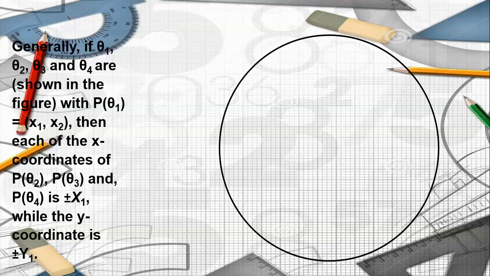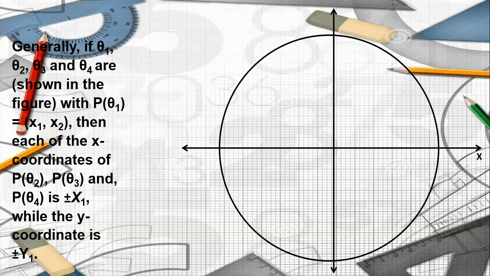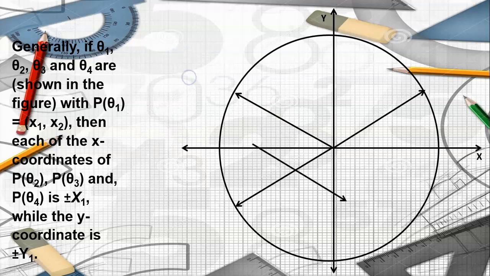So generally, if theta 1, theta 2, theta 3, and theta 4 are shown in the figure with P of theta 1 equal to x sub 1 and y sub 1, then each of the coordinates of P of theta 2, P of theta 3, and P of theta 4 we can see in the figure.